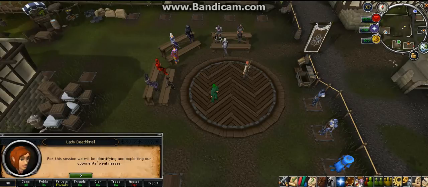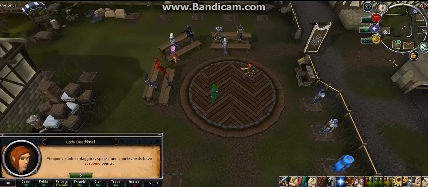For this session, we will be identifying and exploiting our opponent's weaknesses. First, you need to understand that different weapons inflict different kinds of damage. There are 3 types of damage you can deal with melee weapons. Weapons such as daggers, spears, and short swords have stabbing points.